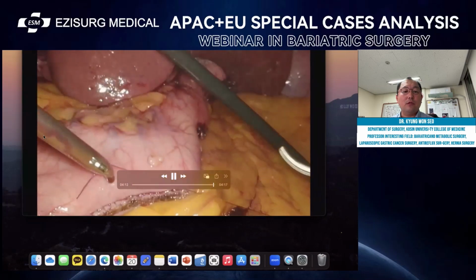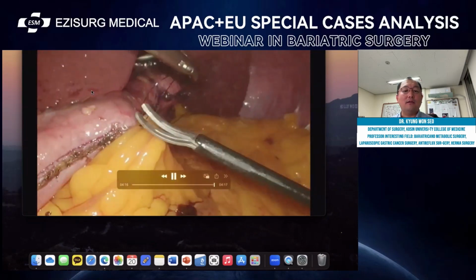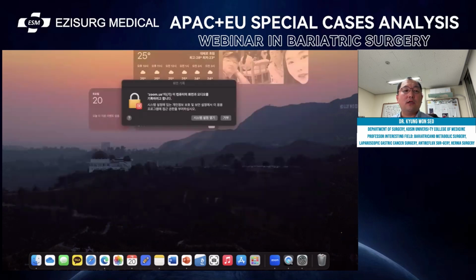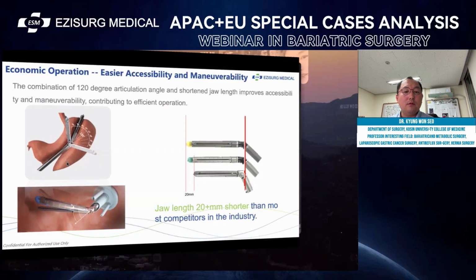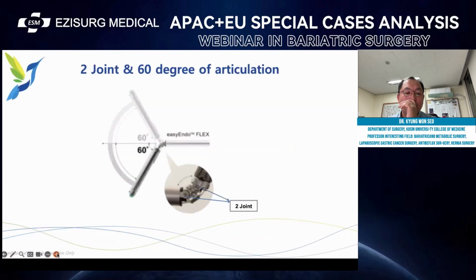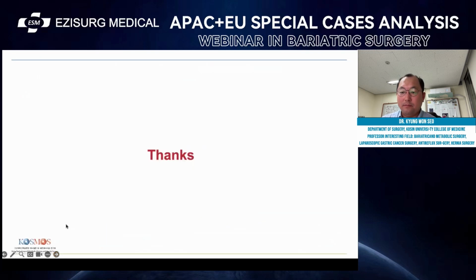After sleeve gastrectomy, if the staple line is attached to the liver side, it may cause gastric twisting, so we can prevent the kinking after sleeve gastrectomy. This mechanism is made possible because the Easy Endoflex has 2 joints and 60-degree articulation. So it is a very important mechanism. Thank you for your attention.